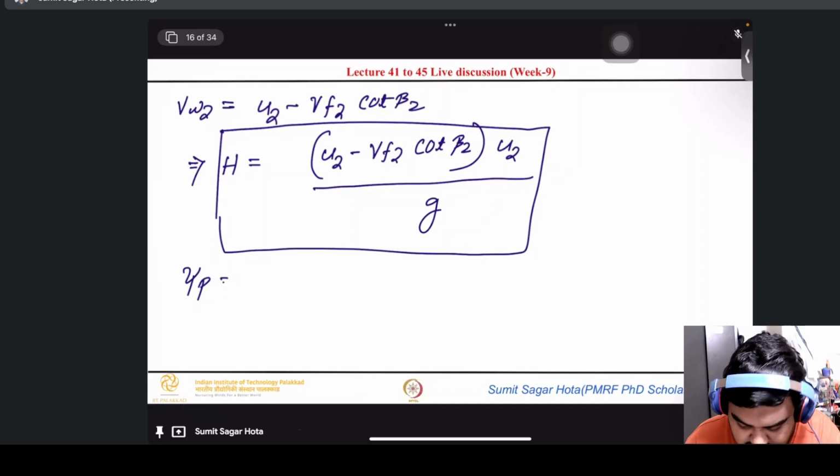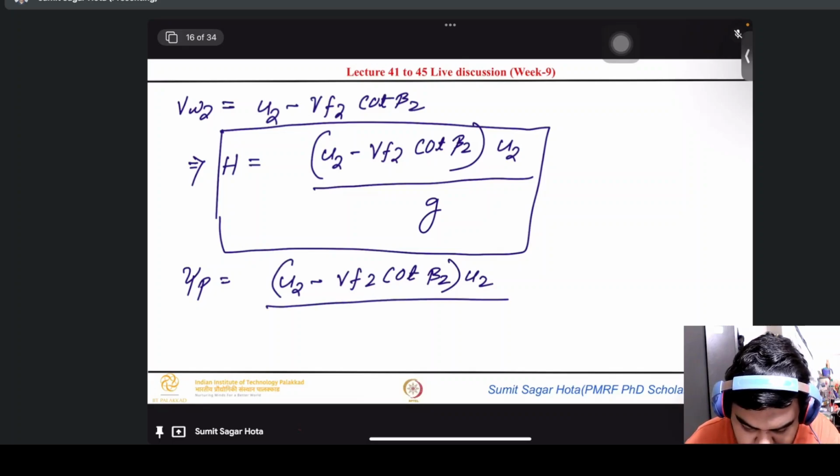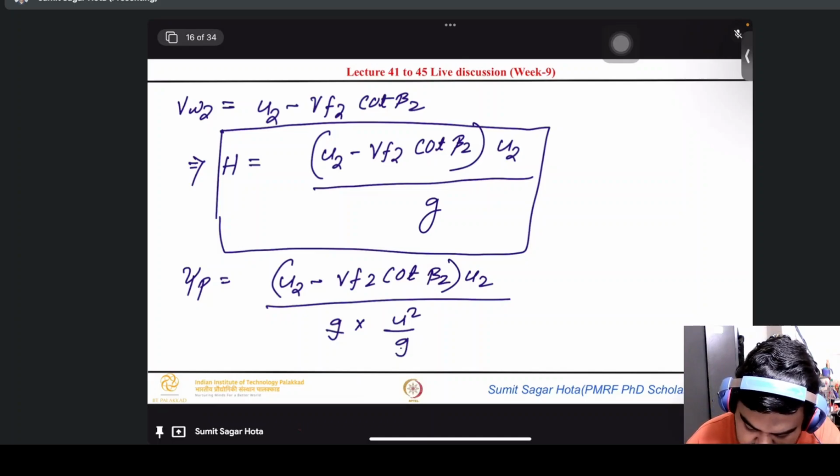Psi p is equal to U2 minus Cf2 cot beta 2 into U2 divided by g into U2 square by g. So g gets cancelled, U2 and U2 get cancelled.